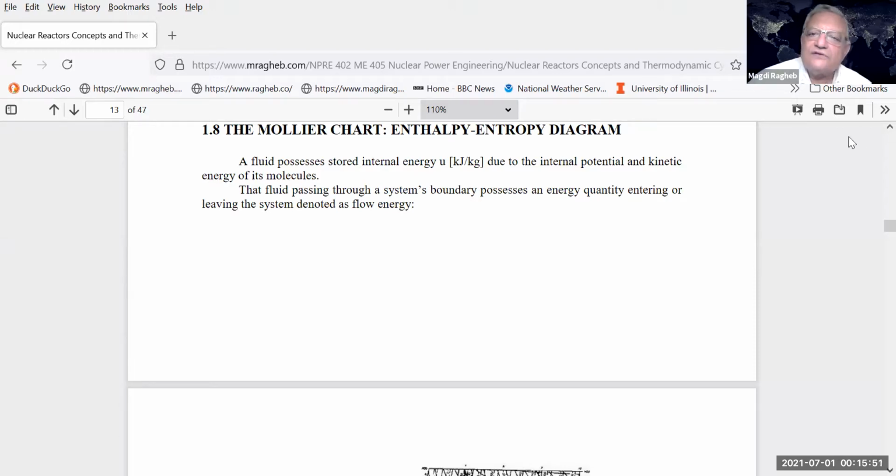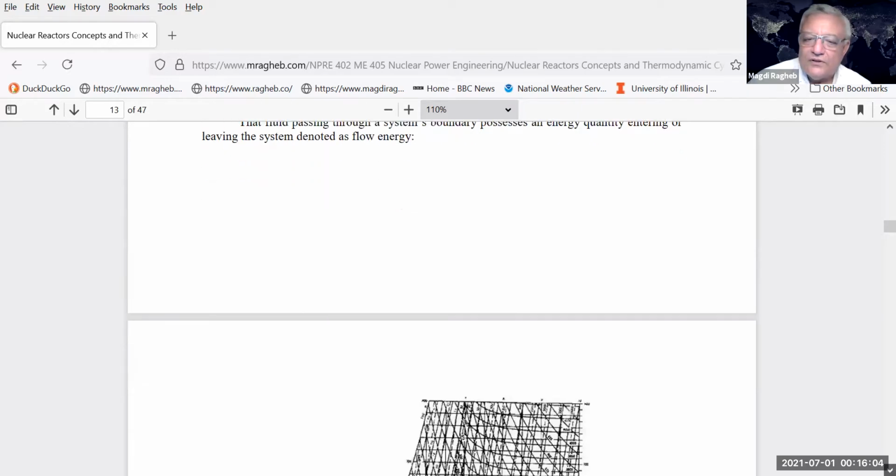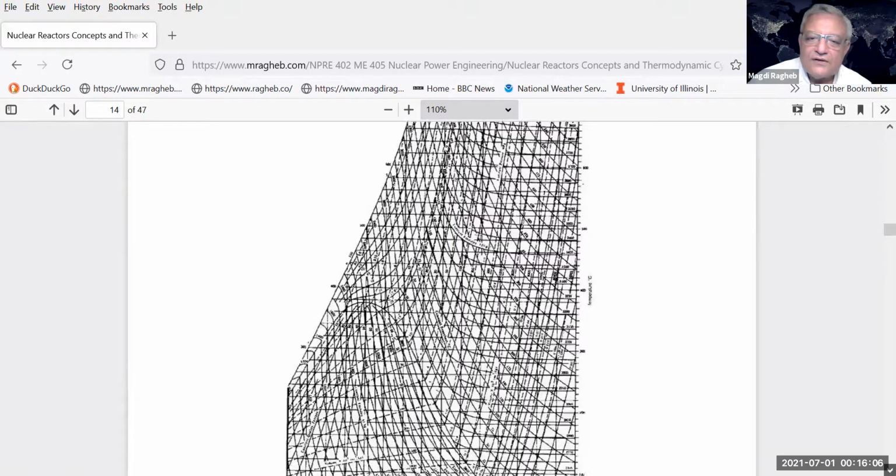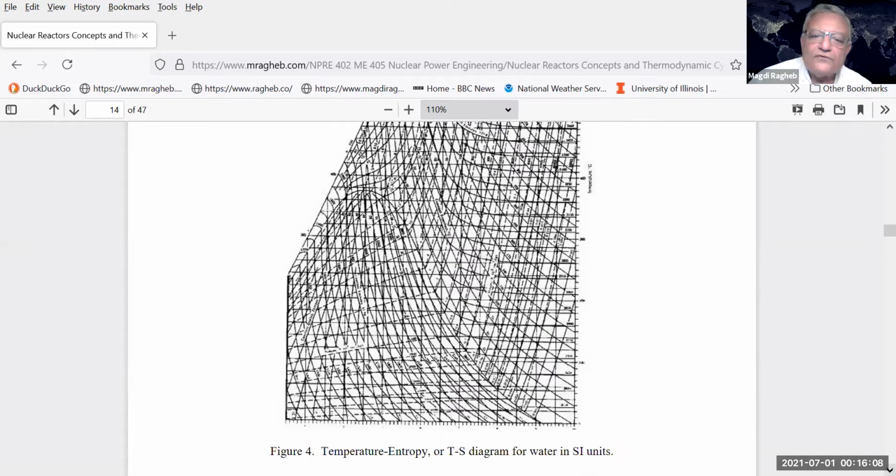It shows the enthalpy against entropy diagram for different working fluids, primarily water, really, that we use as a cooling medium. So what is the enthalpy? The enthalpy is the total energy inherent in the working fluid. We also can show what's called the temperature entropy diagram.